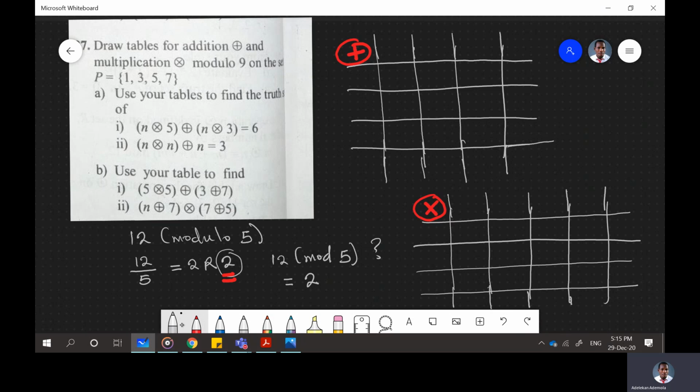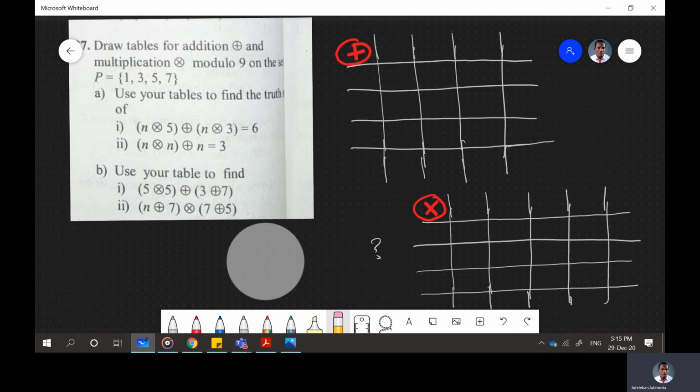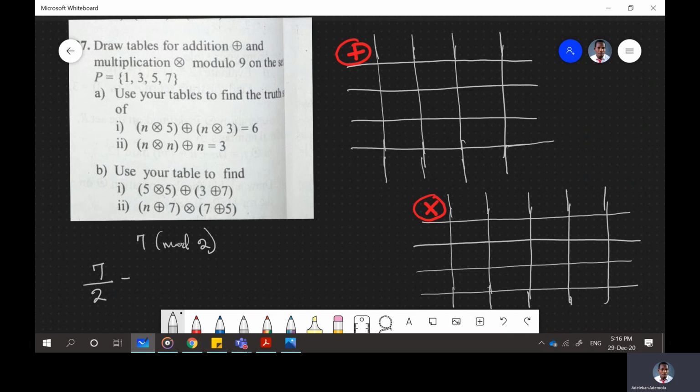Okay, let's look at another example. What if I say, what is 7 in modulo 2? Again, you pick up the 7 and divide it by the modulus, 2. 7 divided by 2 is 3 remainder 1.